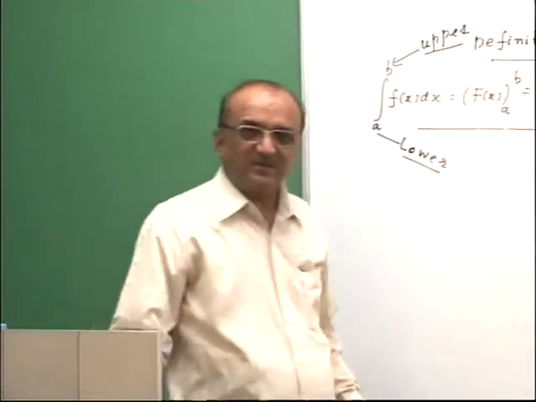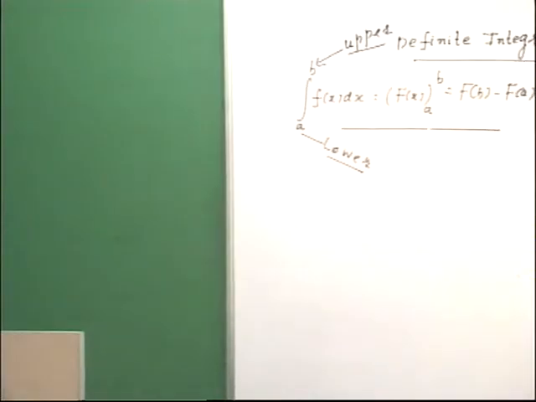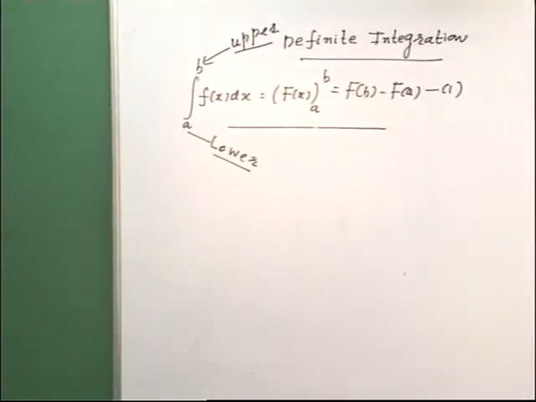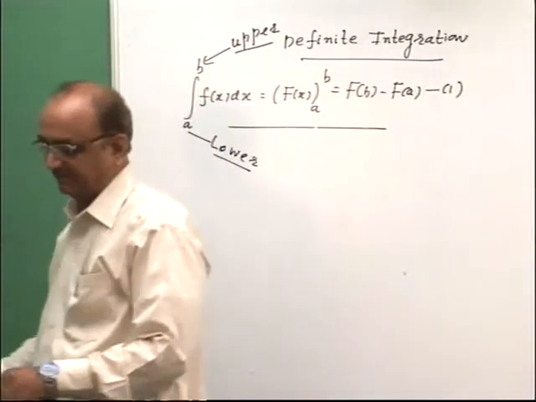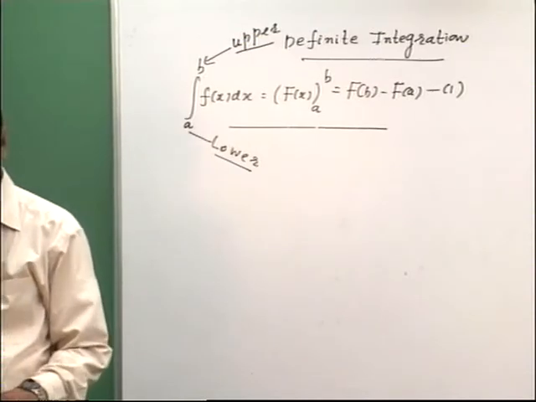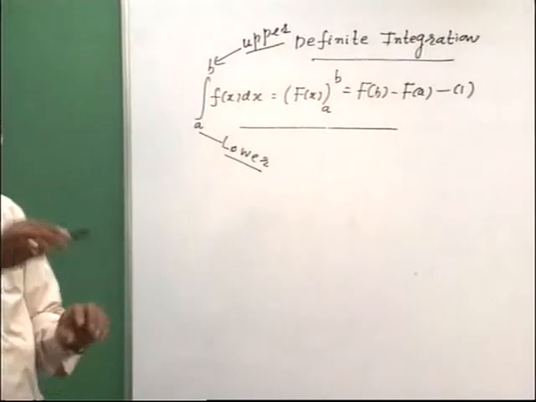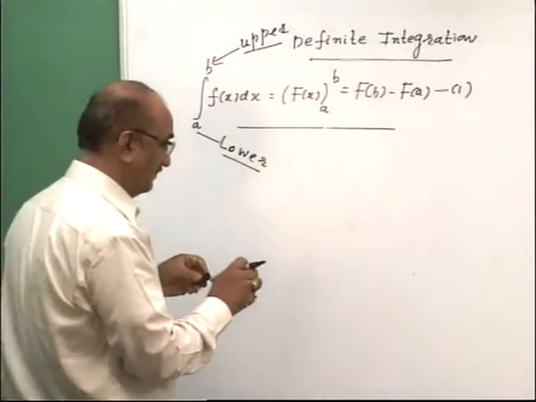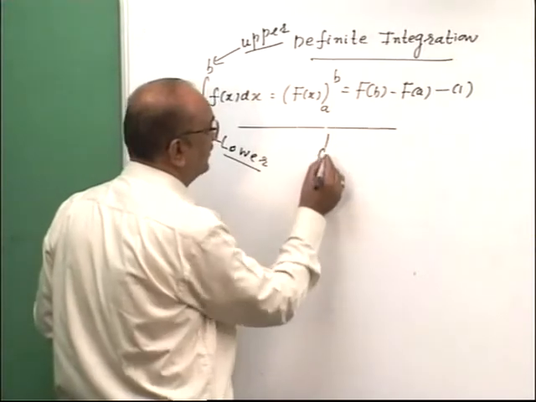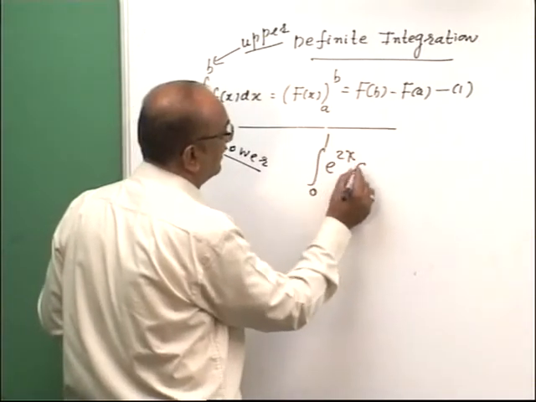Now we discuss the examples. First example is integration running from 0 to 1 of e raised to 2x dx.